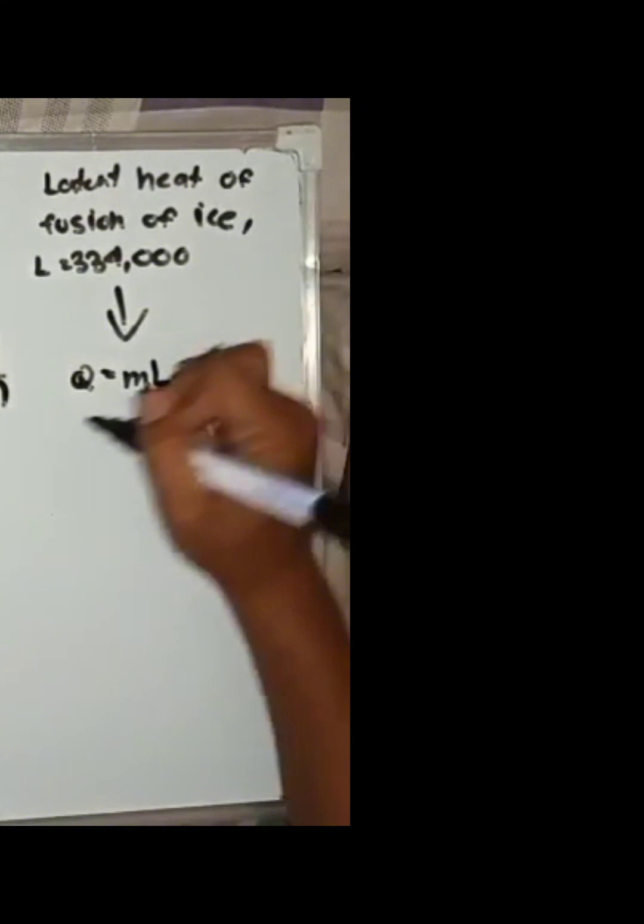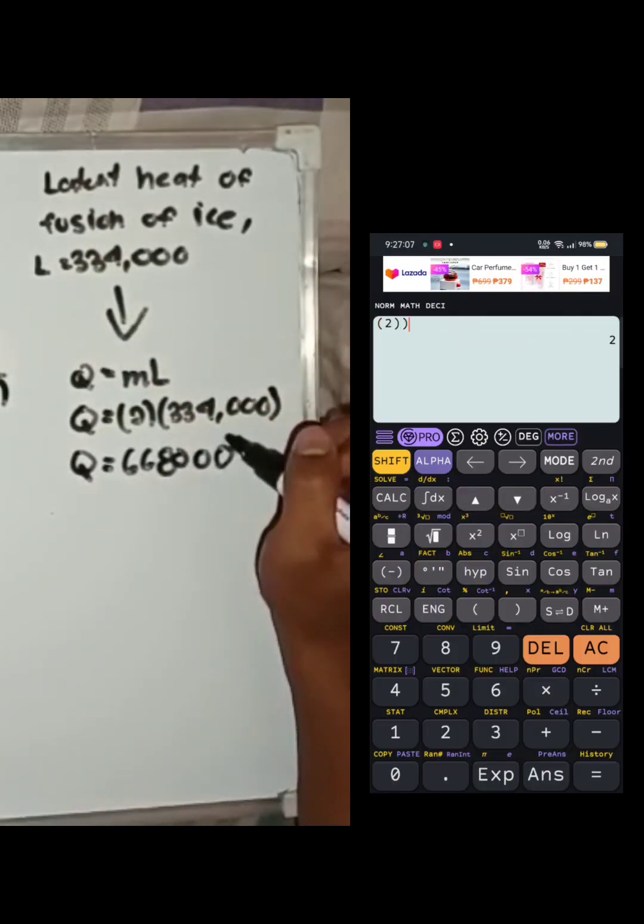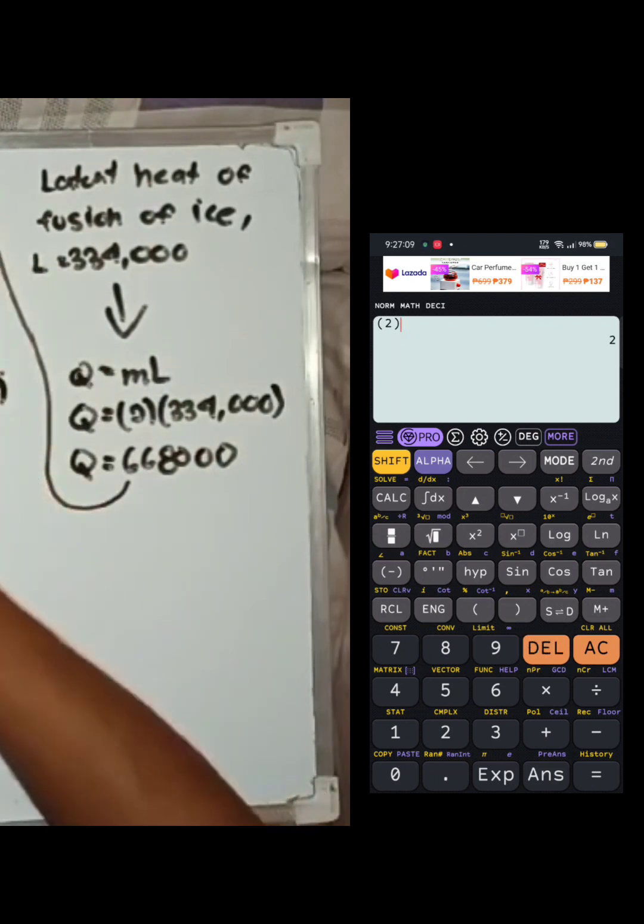Let's substitute it. Q is equal to mass, which is 2 kilograms, times 334,000, the latent heat of fusion of ice. Kilograms will cancel, and that will leave us 668,000 joules.